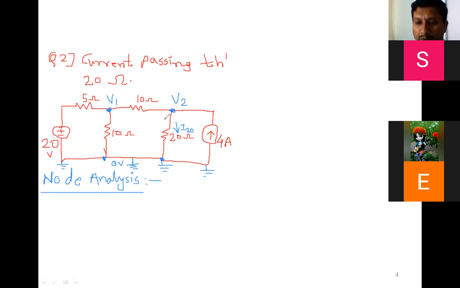In step 4, you solve these 2 equations using a calculator and get V1 and V2. Once you get V1 and V2, we have to find the current passing through this 40. To find it, we don't need V1. We need the value of V2 only. Once we get V2, V2 minus 0 divided by 20 K gives the answer of I20. That is the 5th step.